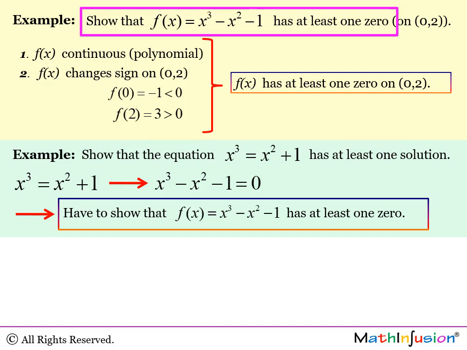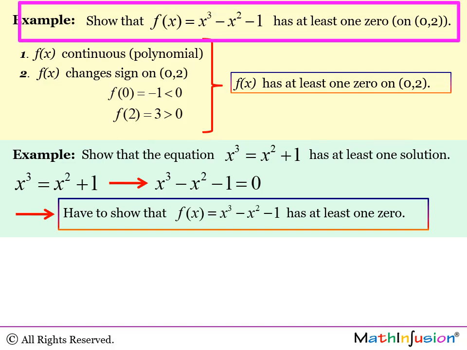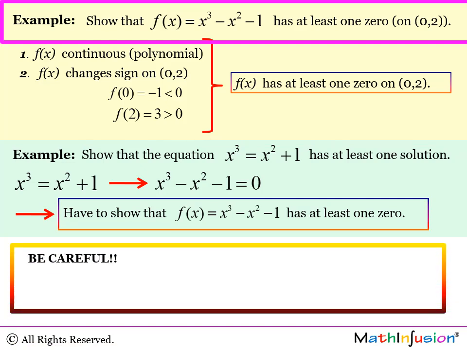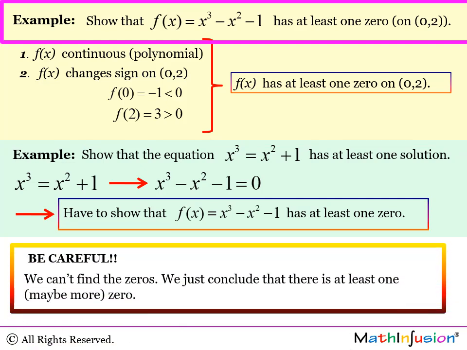But I did! And because I did, I can conclude that there is one solution for the equation x cubed equals x squared plus 1. Be careful. We cannot find the zeros. We just conclude that there is at least one, maybe more, zero.